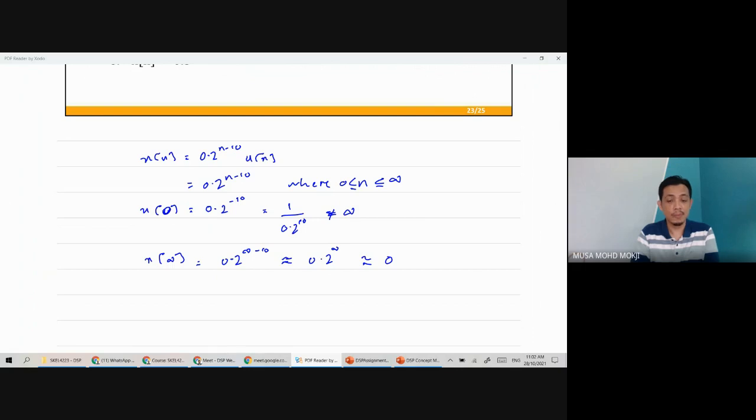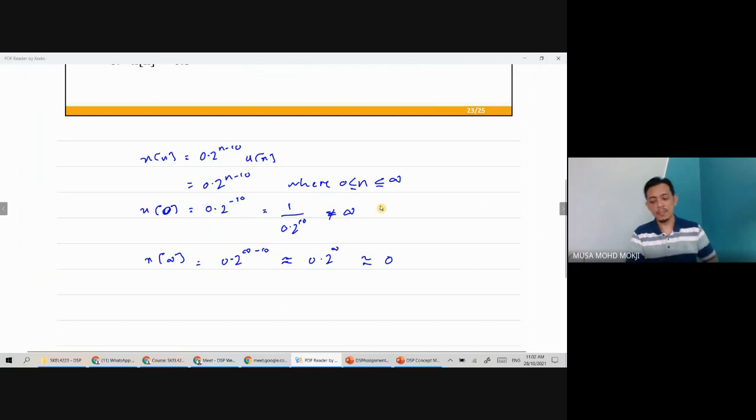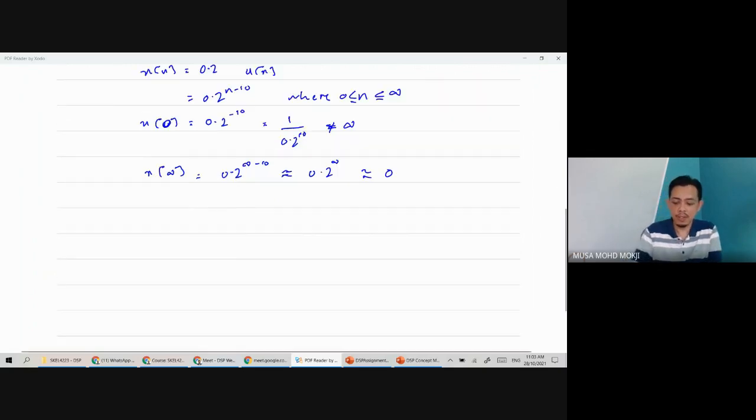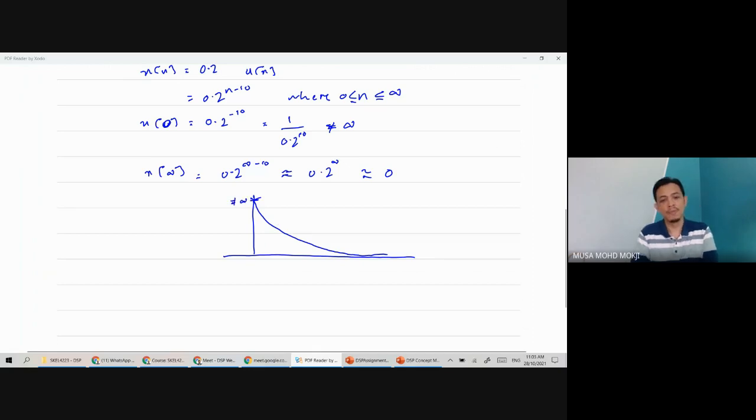So that's the proof: the highest value is somewhere around 900,000 something, and the lowest value is 0. This is something like an exponential signal, not infinity, and very close to 0. So this is a bounded signal.